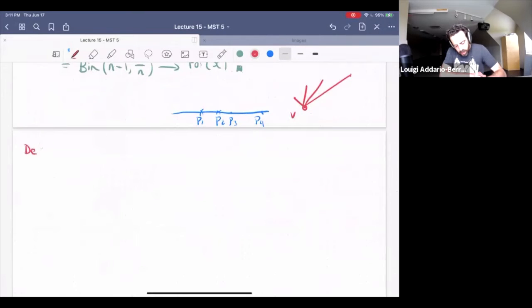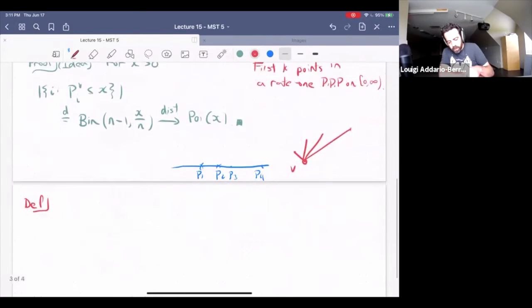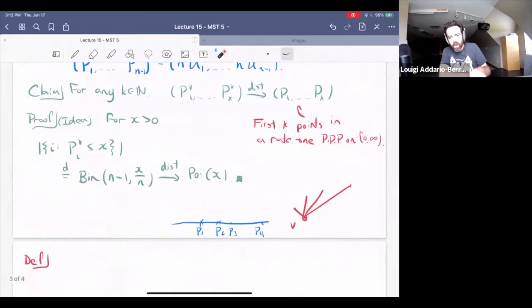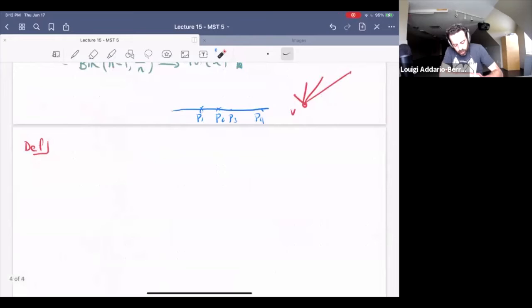The structure I'll get out of this, I'll justify in a second: when we explore the local structure of the neighbors of a given vertex and then their neighbors, at each step we are again going to see a rate 1 Poisson process, the atoms of a rate one Poisson process. So the recursive structure we get is called the Poisson weighted infinite tree.